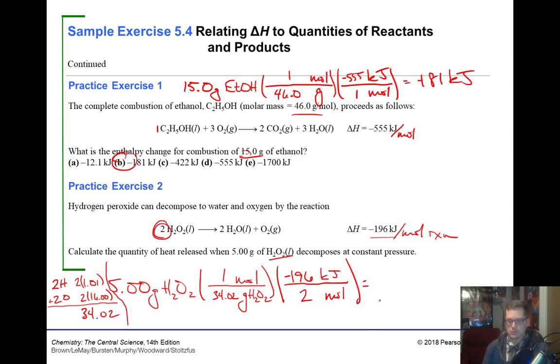Now we'll take our 5 divided by our 34.02, multiply it by negative 196, and then divide by 2. We get negative 14, and we want 3 sig figs, so 14.4 kilojoules. So this reaction is exothermic.